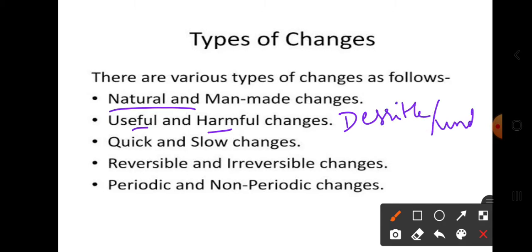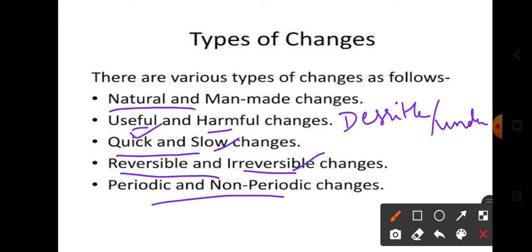We can also divide changes by whether they occur very quickly, which are quick changes, or slowly, which are slow changes. And there are reversible and irreversible changes. In some changes you get back the original substance, but in some you will not get back the original substance, so we call them irreversible changes.